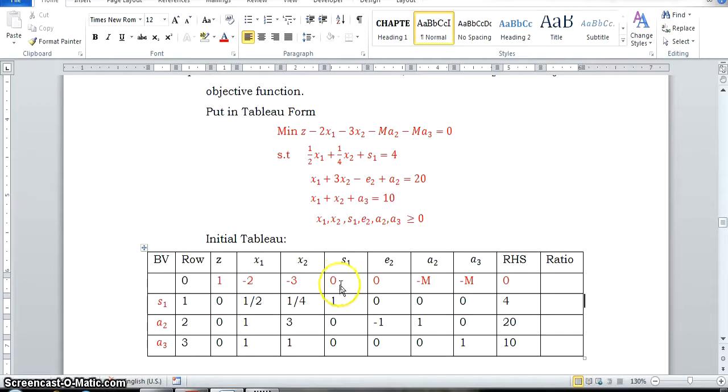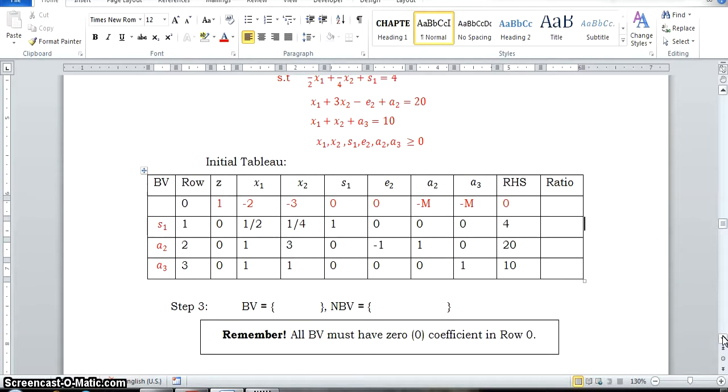As we can see in this tableau, S1, A2 and A3 are basic variables. And we must remember that all basic variables have 0 coefficient in row 0. Therefore, we need to eliminate A2 and A3 from row 0.